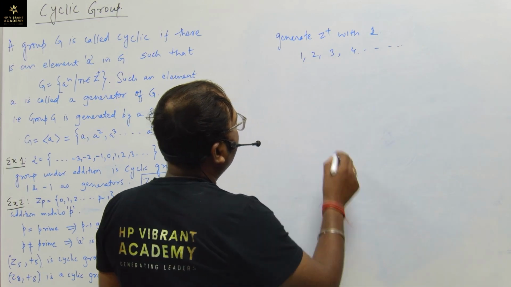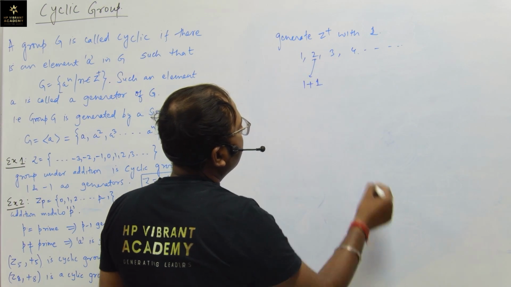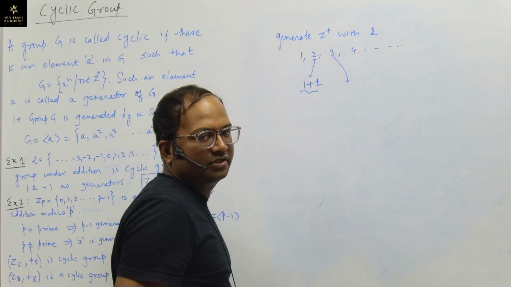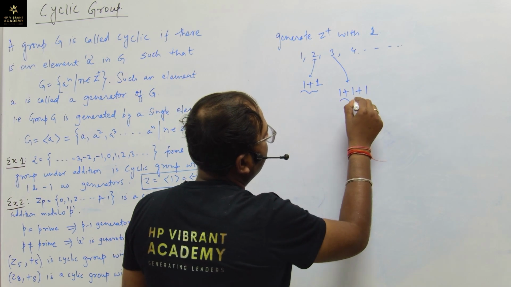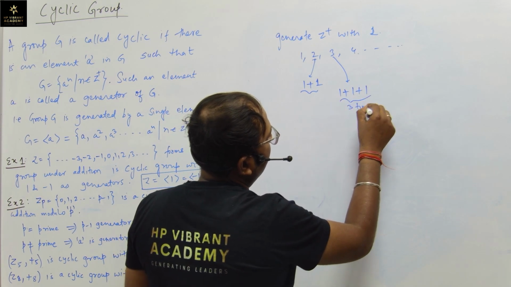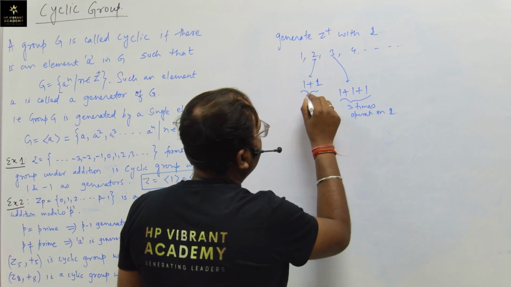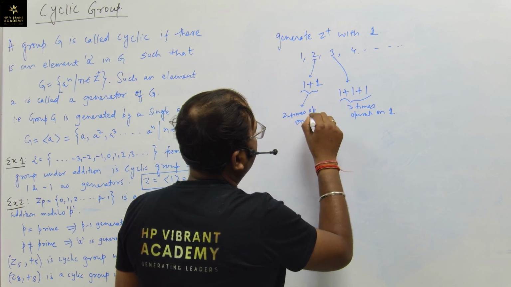If we want to generate 2, then we apply the addition 1 time, this is 1 plus 1. Similarly, if we want to generate 3, then we have to add 3 times, 1 plus 1 plus 1. This is 3 times operation on 1, and this is 2 times operation on 1.